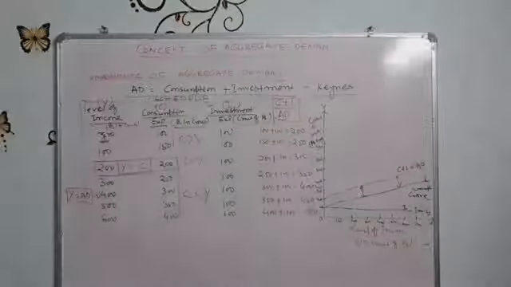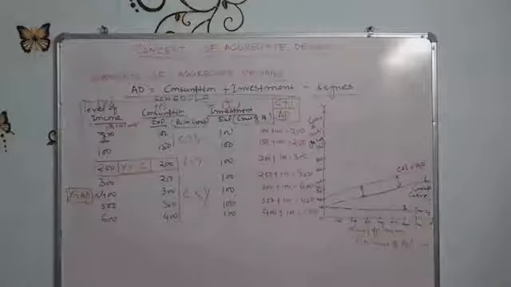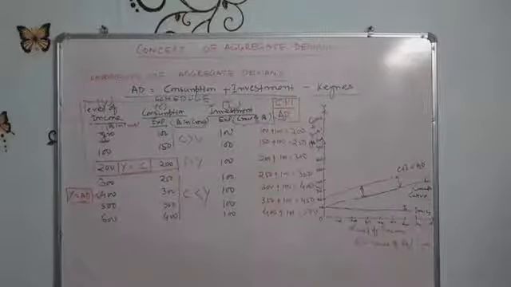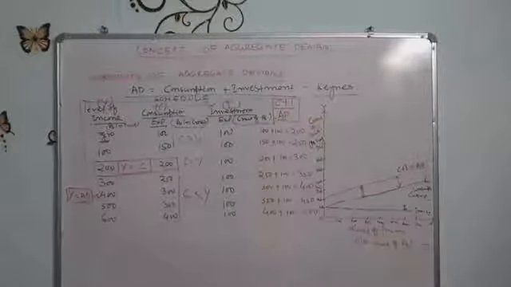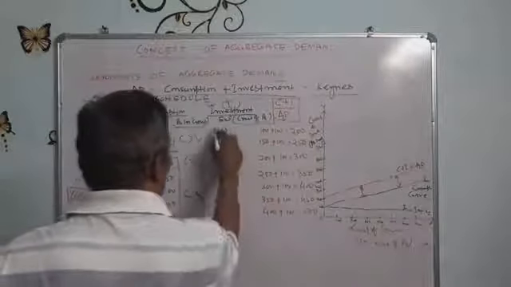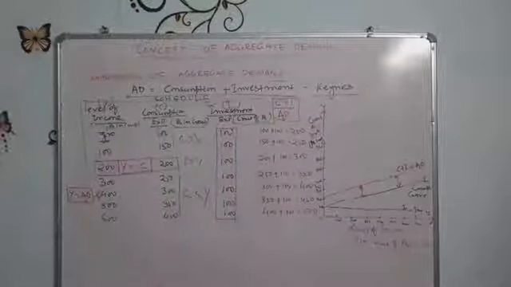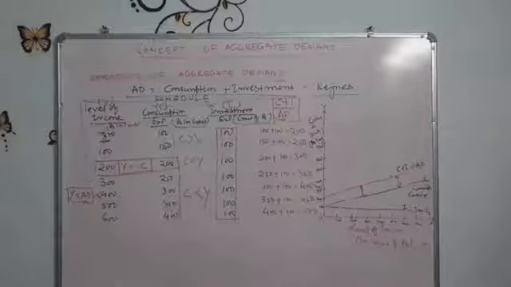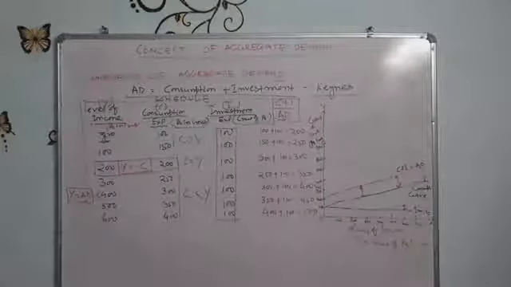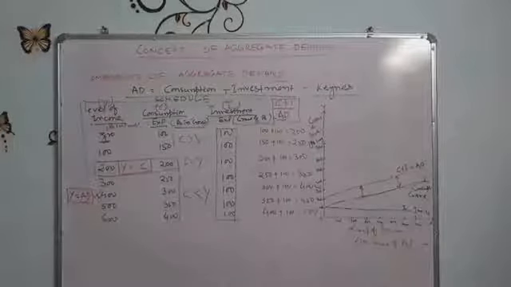So there are three curves I have drawn here. First is the investment curve, second is the consumption curve, and third is the AD curve, or consumption plus investment curve. Aggregate investment expenditure of the economy has been taken here only in the form of autonomous investment.